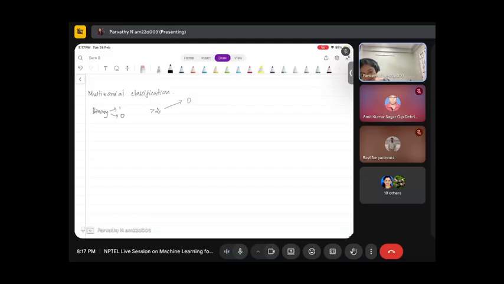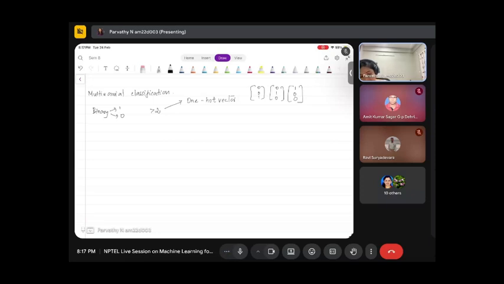So one way to represent them is this one hot vector. If I have three classes, I can represent them like this, the one hot vector representation. It is called one hot because exactly one element will have the value 1 and all the others will have the value 0.